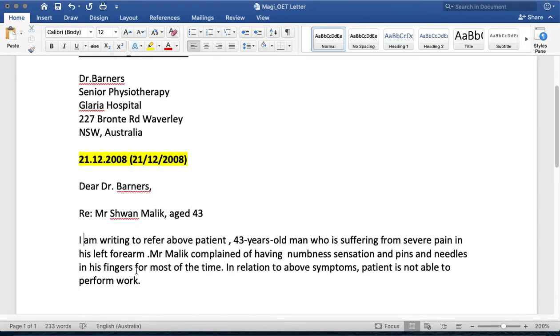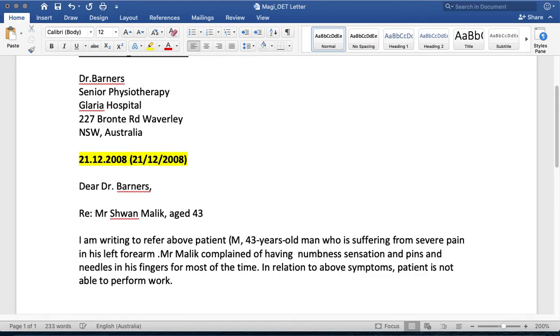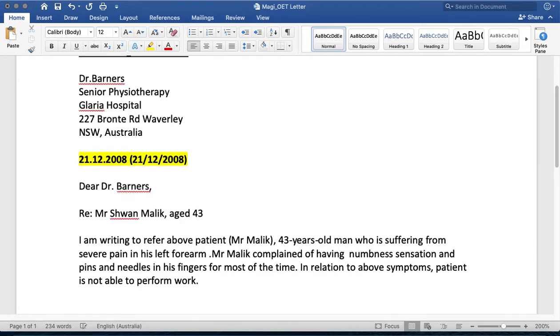I'm writing to refer above patient. Well, in OET writing, I would recommend you to write down the name of the patient instead of writing above patient. So in this case, what we need to do is to write down Mr. and then Malik. Why do we need to write Mr. Malik?